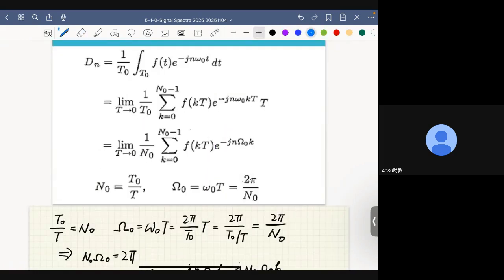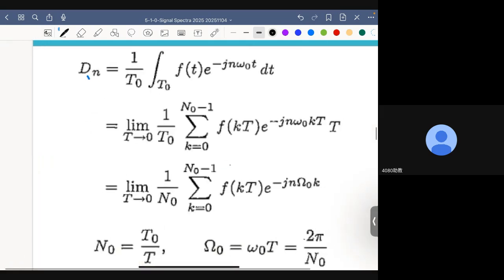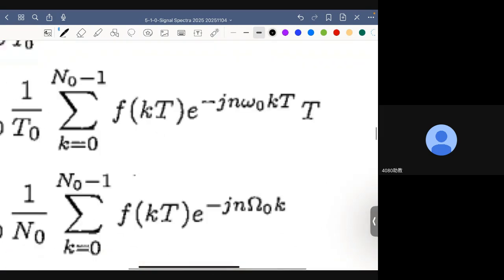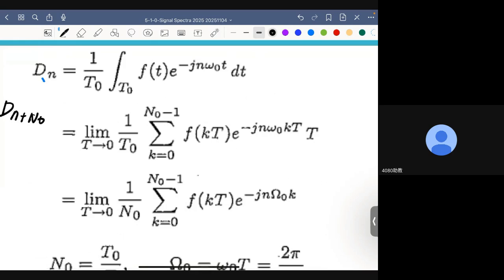If we go back to this result, what we call the numerical integration of the formula that defines Dn, let me rewrite it this way. If I want to determine D(n plus N0), then everything stays the same.